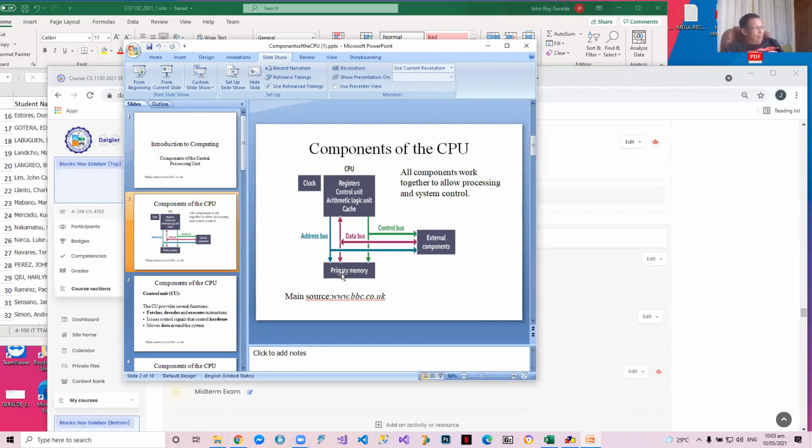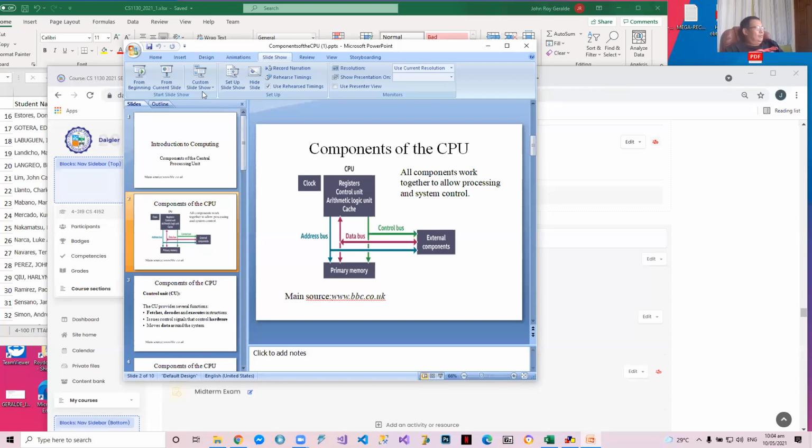The main reason why we have primary memory and secondary memory is because the speed of hard disk, or SSD, is much lower than that of the main memory, and the main memory is much slower than that of the CPU. That's why there's a cache and primary memory. So there are three levels, no, of speed from CPU to primary memory to secondary memory. The first being the fastest, and the last, which is secondary memory, being the slowest.